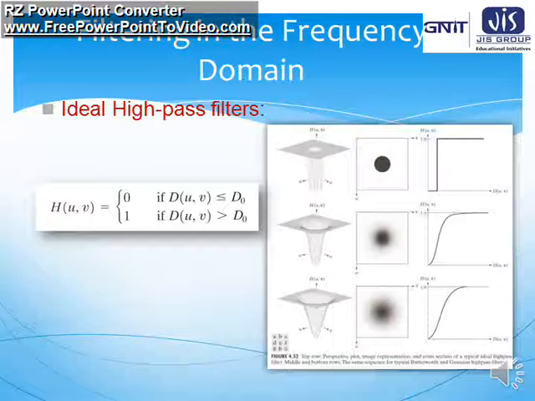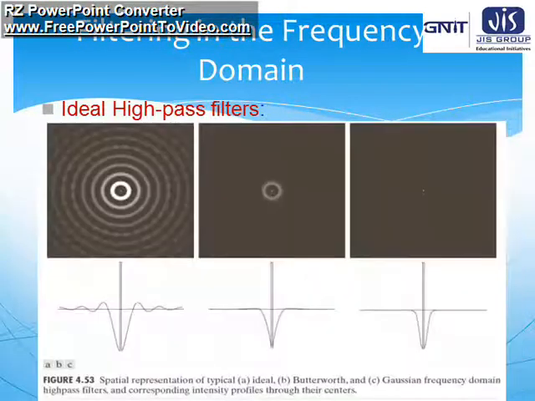Moving forward to the next slide, we can see another example of the ideal high pass filter. This is the spectral representation of a typical ideal filter. The second one is Butterworth and the third one is the Gaussian frequency domain high pass filter, with the corresponding intensity profiles through their centers.